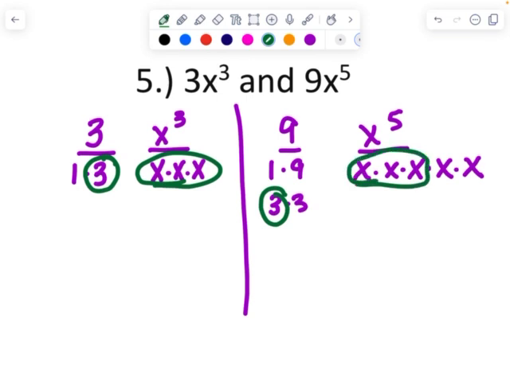Here's a hint. You should have the same exact number of variables circled on both sides. My GCF between 3x cubed and 9x to the 5th is 3x cubed. Okay, so that is identifying a GCF of two monomials.